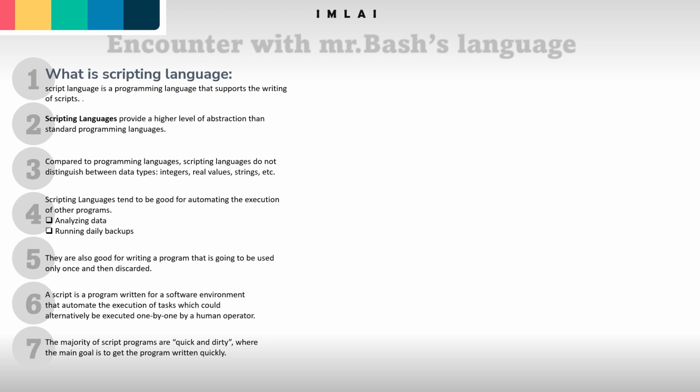So now let's jump into the rules to write your first script. A shell script is basically a set of shell commands placed in a text file, so first you need to use a text editor.